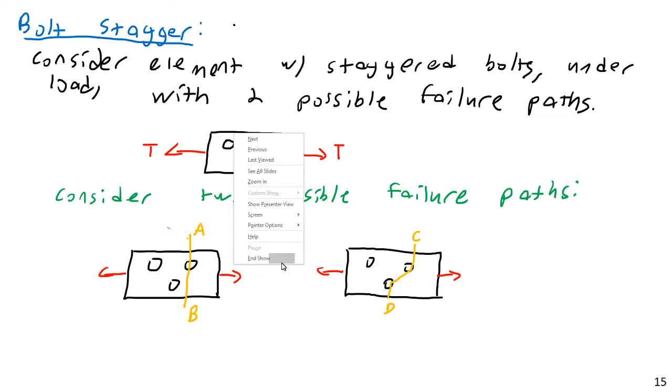We label this in terms of the code. We have terms S and G, which are dimensions on this kind of bolt stagger, center to center.